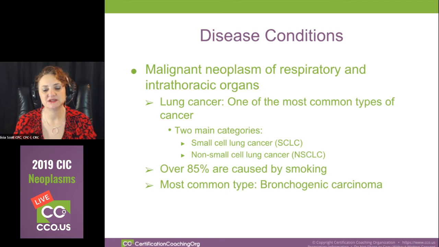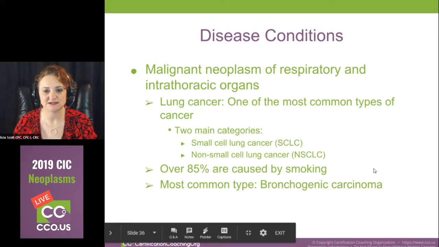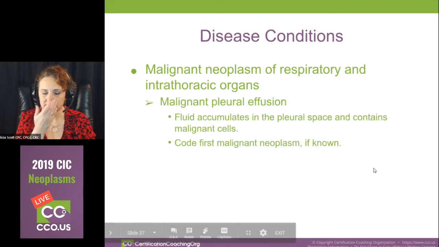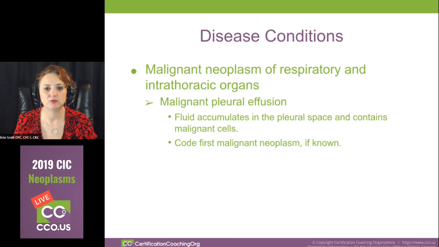Most common type is bronchogenic carcinoma. That's what we see most of the time as your diagnosis. And then malignant pleural effusion can happen. That is the pleural sac that the lung is in.